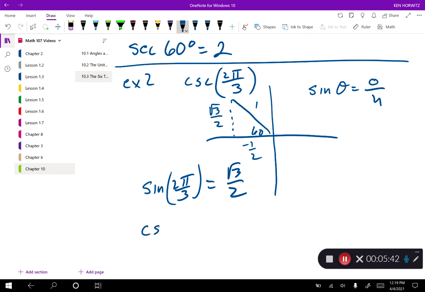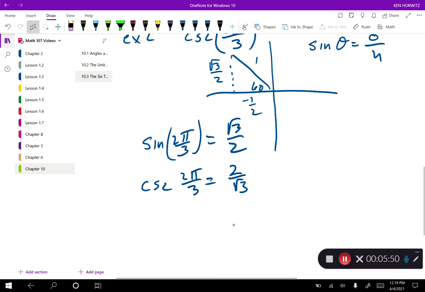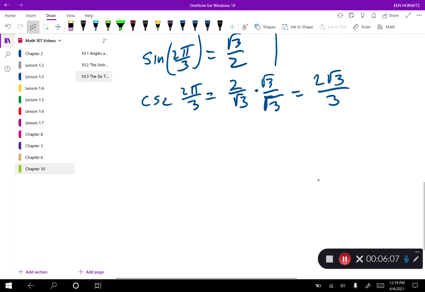So the cosecant of 2 pi over 3 is 2 over radical 3. Now, being that we're in algebra, we're going to rationalize our denominator, to radical 3 over 3. All right. So let's try another.